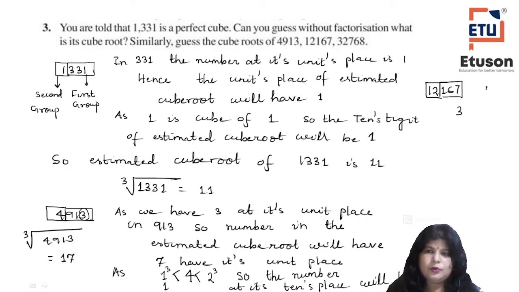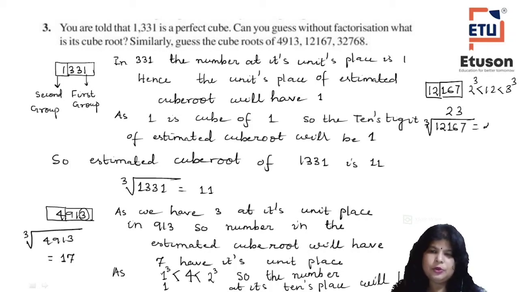Now 12 lies between 2 cube and 3 cube, so the number at its tens place will be 2. So the cube root of 12167 will be equal to 23.